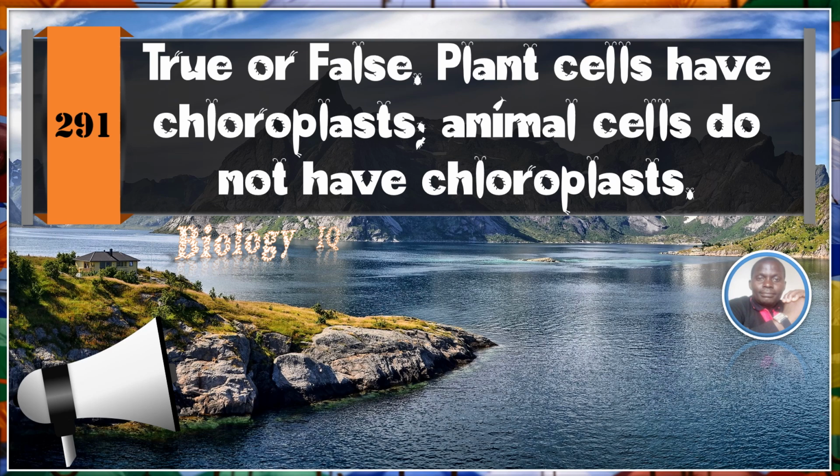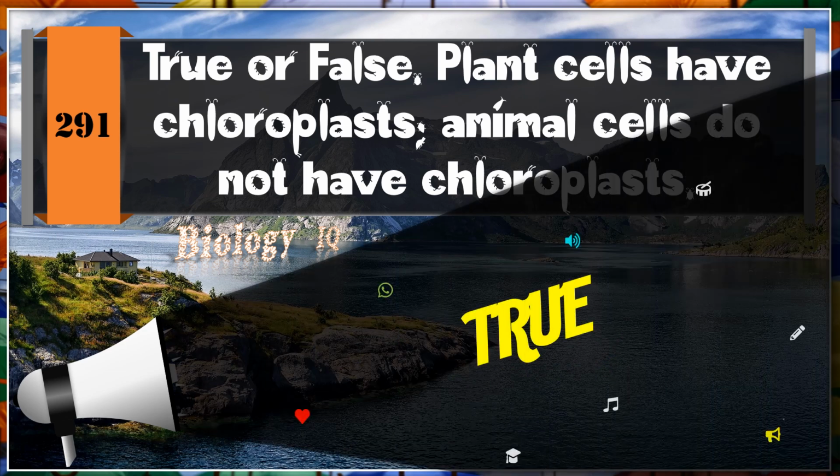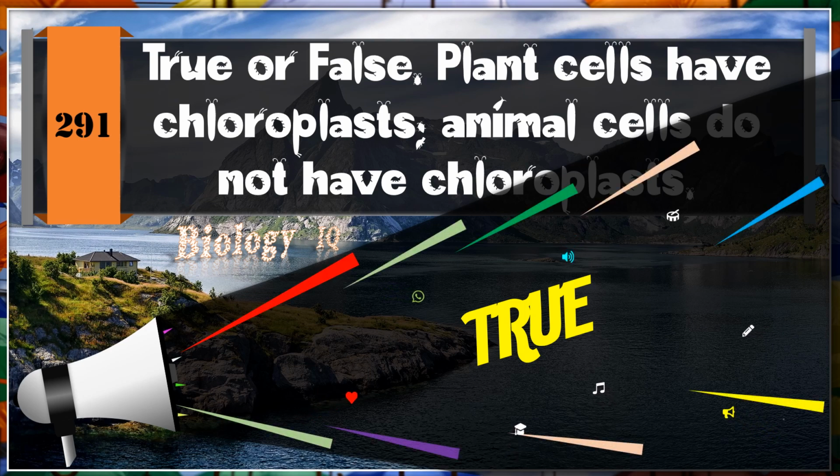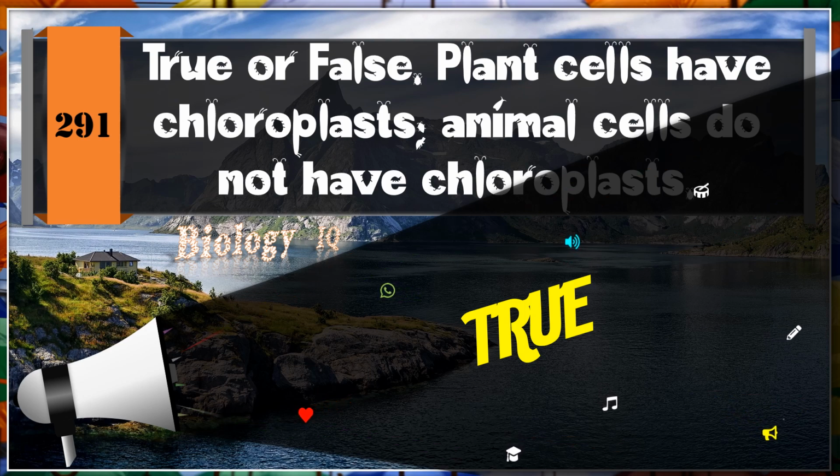True or false? Plant cells have chloroplasts. Animal cells do not have chloroplasts. It is true.